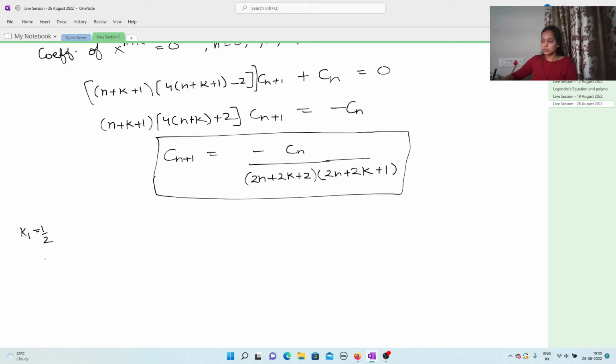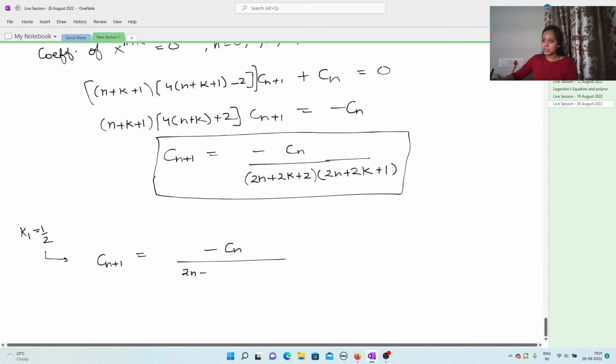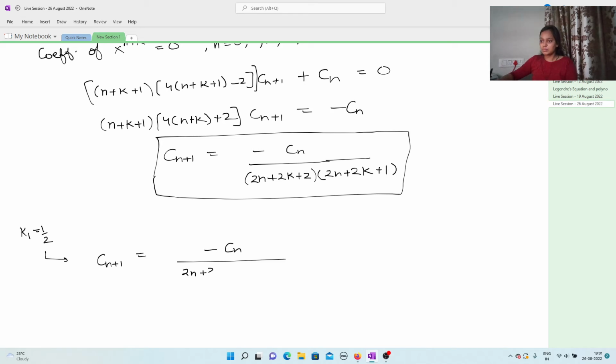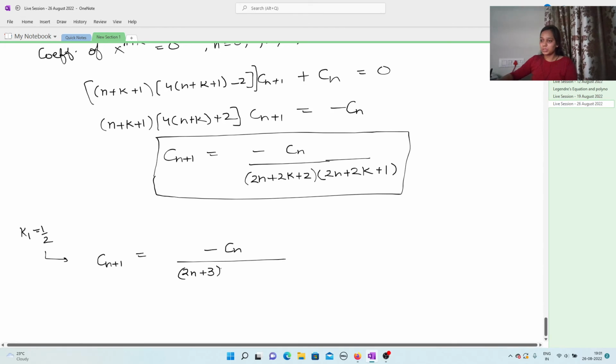So substitute over here, and what we will get is Cn plus 1 equals minus Cn over 2n plus 2 into 1 by 2, which is 1 plus 2, so it becomes 2n plus 3, and similarly this becomes 2n plus 2.